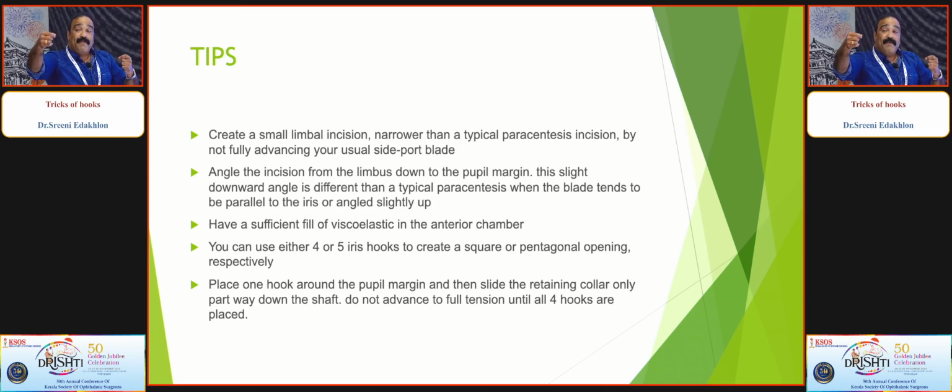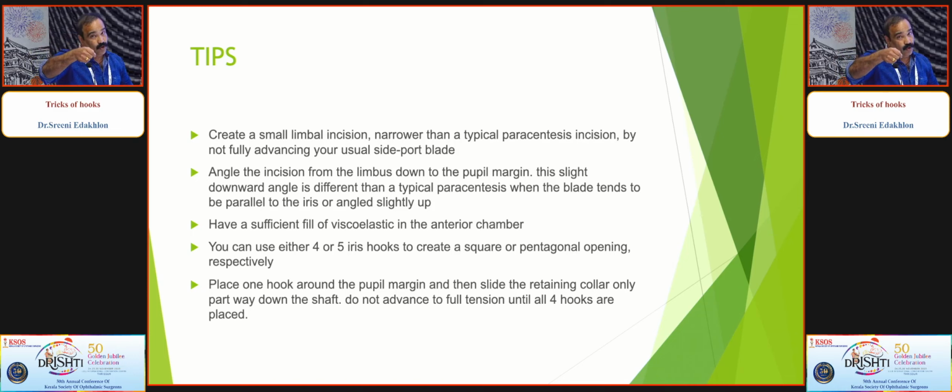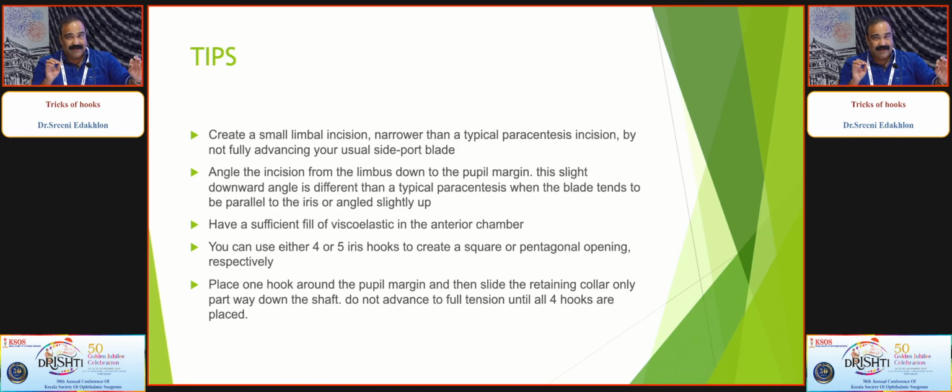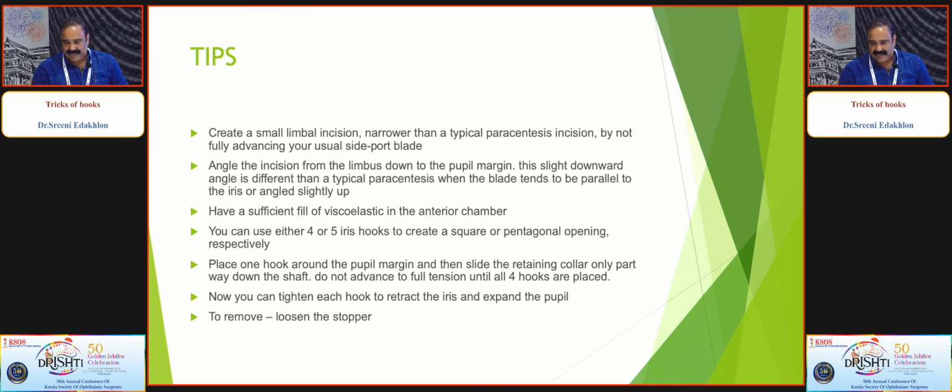So it will be very difficult to put the hook there, and also a lot of undue stretching, and if you do that, you'll see a lot of sphincter tears at the end. So one by one you keep it there, hook it enough so that when you put the other side port, it doesn't come off.